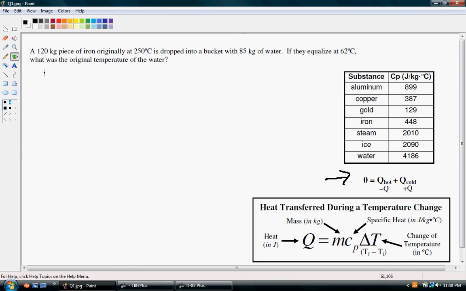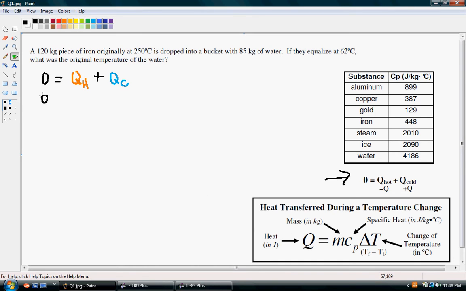Alright, so we need to write our equation. 0 equals the heat of the hot object, plus the heat of the cold object, which would be the water. Now every time we see a Q, we're going to plug in the equation for Q, right? Heat transferred during a temperature change.